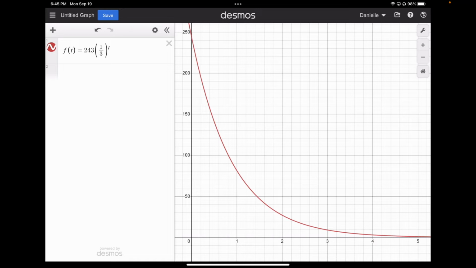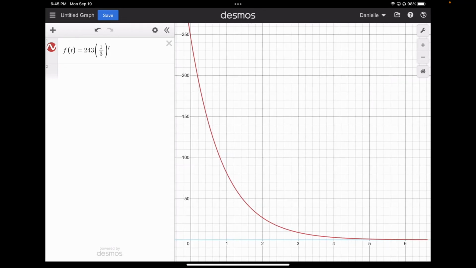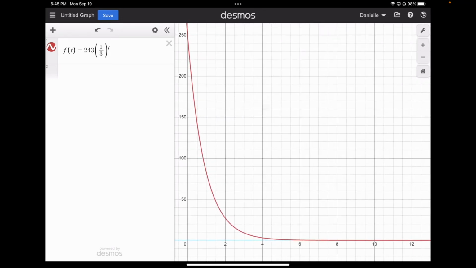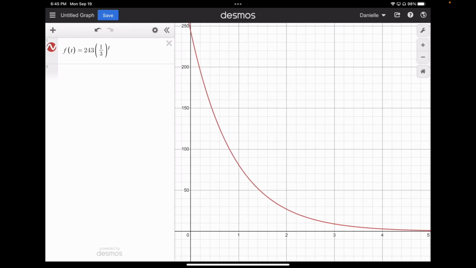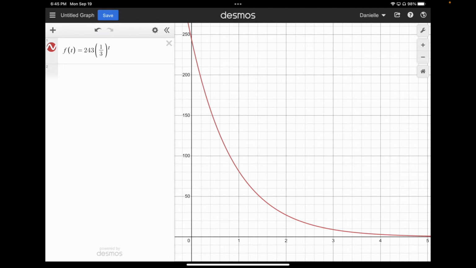And then I don't have to go much further than 4, because if I go further than 4, it just gets very, very small and really hard to read. Plus, they only wanted values up to 4 to fit in our window anyways. So I'm going to say that my window should be between 0 and maybe 4 or 5 on the x-axis, and 0 to 250 on the y-axis.